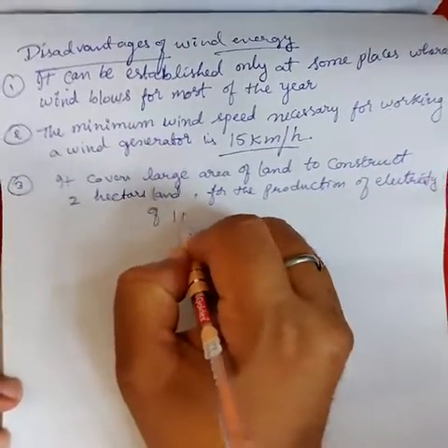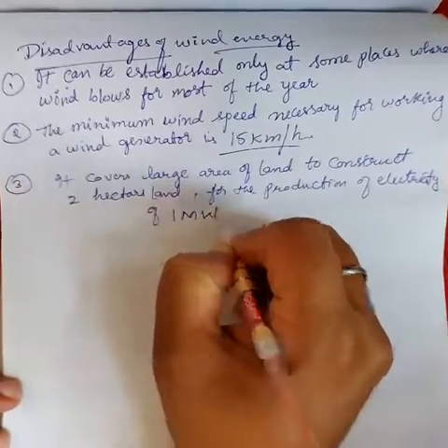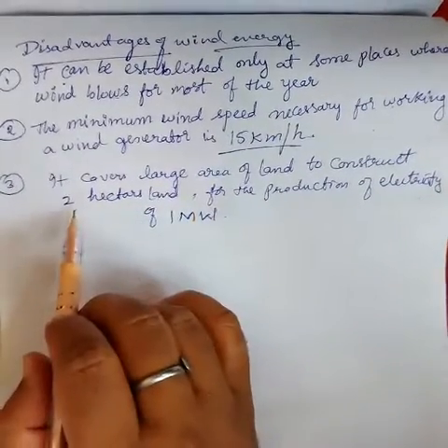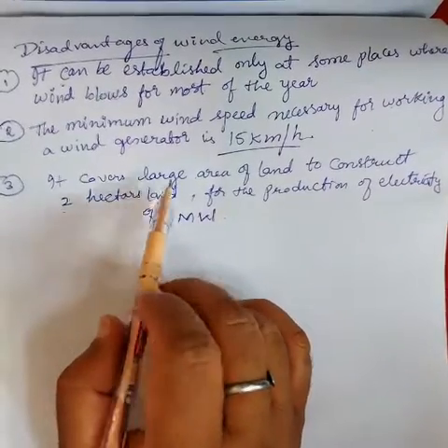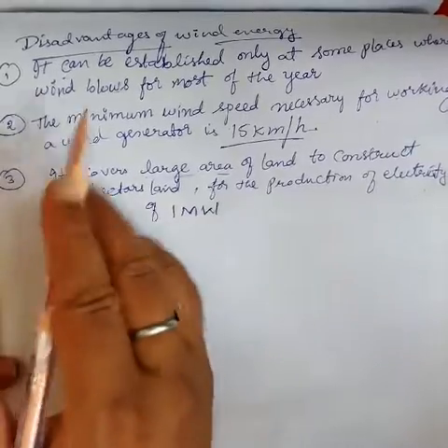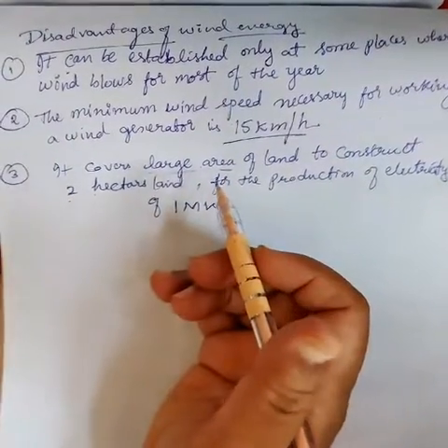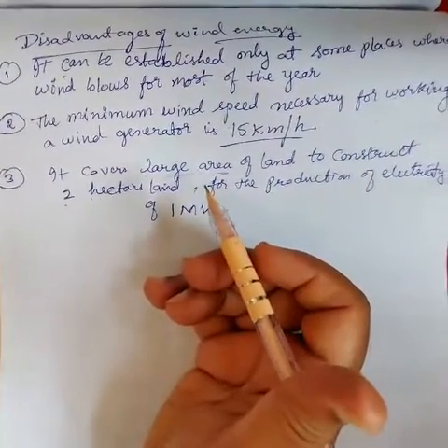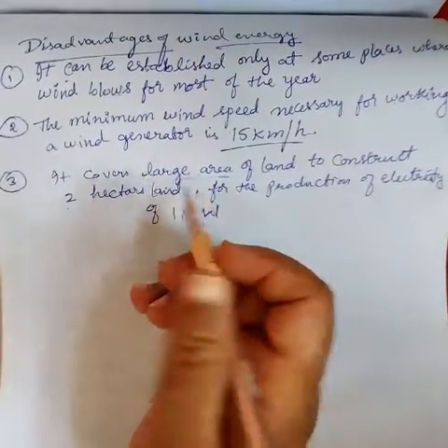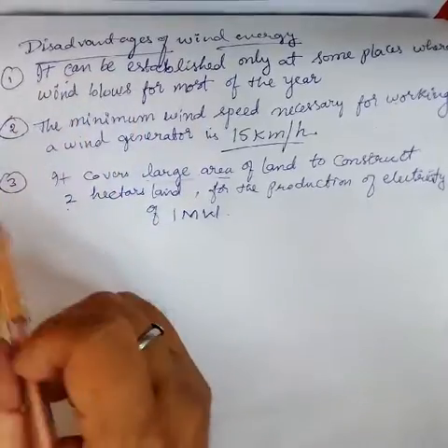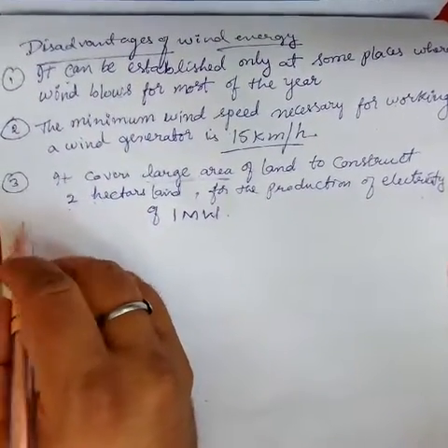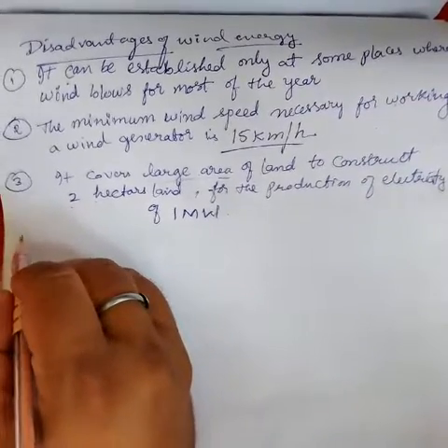MW means megawatt. It needs 2 hectares of land, which covers a large area. This is also one of the disadvantages, because we destroy so many plants and destroy some animals' habitats. That's why this is also a disadvantage of the establishment of a windmill.